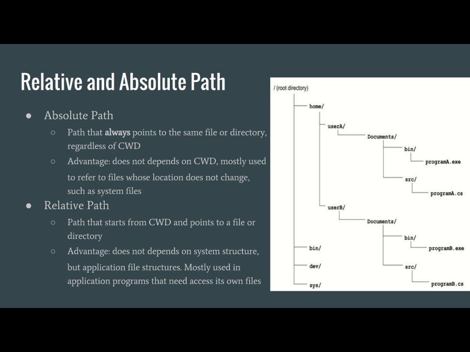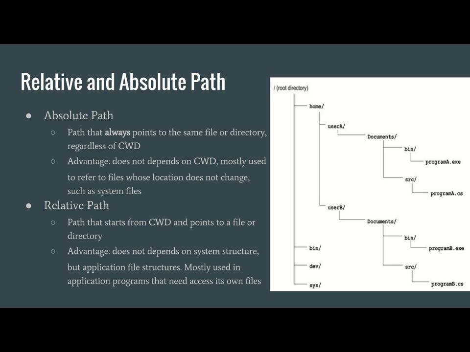So if I use relative path to find this file, and then I move this directory from one computer to another computer, I can still access this file because this part didn't change. However, if I use the absolute path, and then I move this whole directory from, say, Linux to Mac, or from Linux to Windows, then because this part changed, I can no longer find this file.